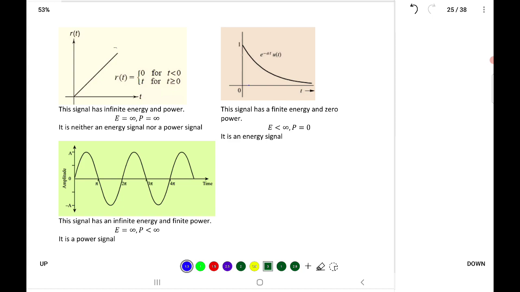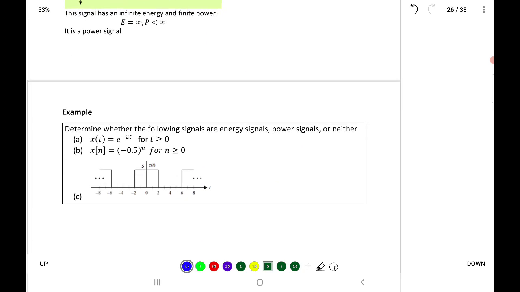Something like a decaying exponential has limited energy because it's decreasing, decaying. So we observe that it can be an energy signal. And this is a periodic signal, and we'll find that the power is limited, has a finite value, so that's a power signal. But how can you prove it? How can we prove that?